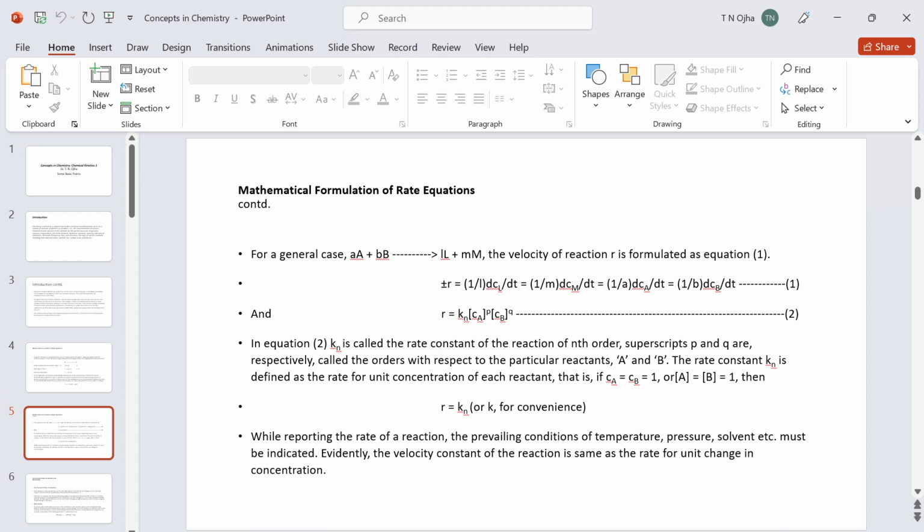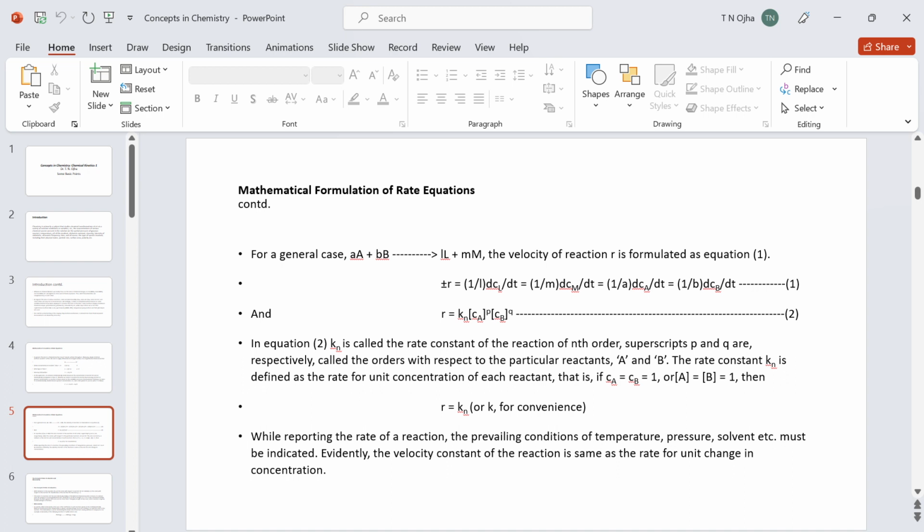And rate r equal to Kn CA raised to power p CB raised to power q. Here Kn is called the velocity constant of order n, and the superscripts p and q refer to the order of the particular species in the reaction. While reporting the rate of a reaction, the prevailing conditions of temperature, pressure, solvent, etc. must be indicated.